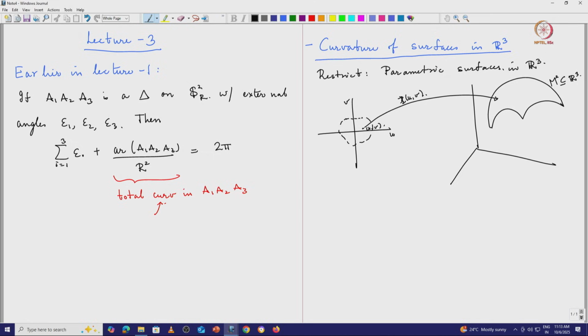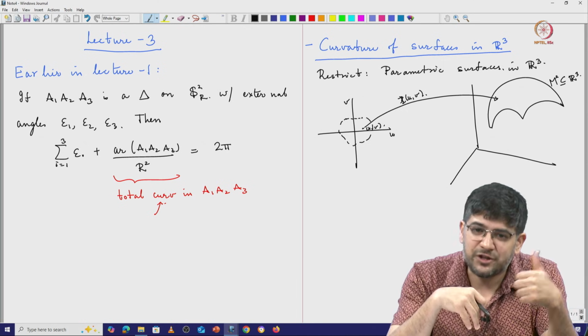Intuitively, how do you think of curvature? Of course, if you take a flat plane lying inside R3, then any sensible definition of curvature would mean that the flat plane has 0 curvature, because you do not see it actually curving. One distinguishing feature of a plane is that if you look at the unit normal vector along the plane, then it remains constant.